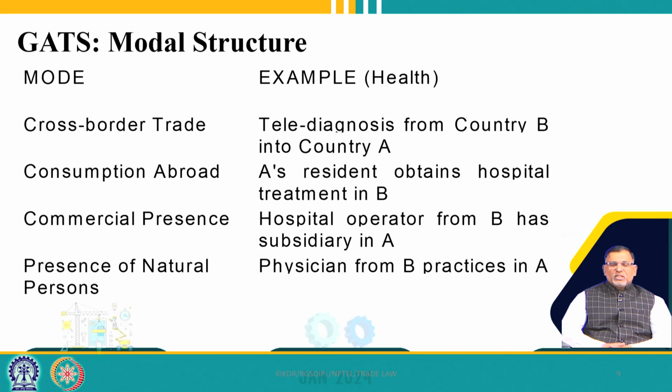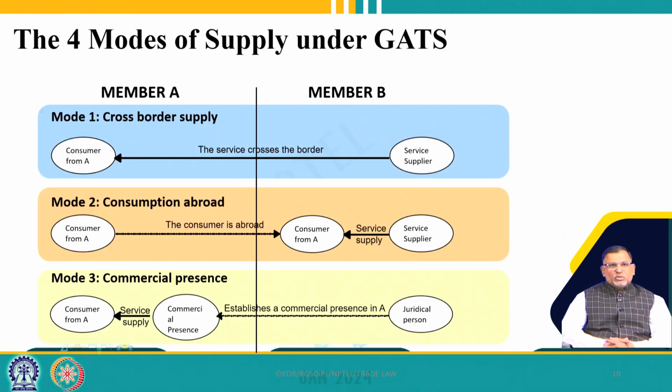Then the fourth mode is the most controversial, that is the presence of natural persons. Movement of natural persons is required here. That means one person from country A going to country B and providing services. So, movement of people is required for the fourth mode.